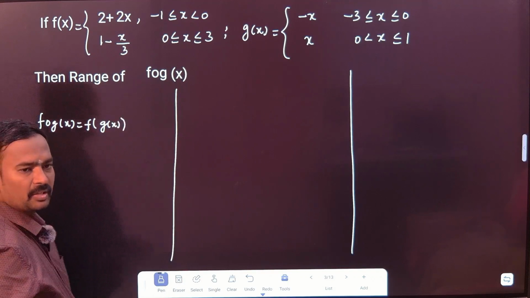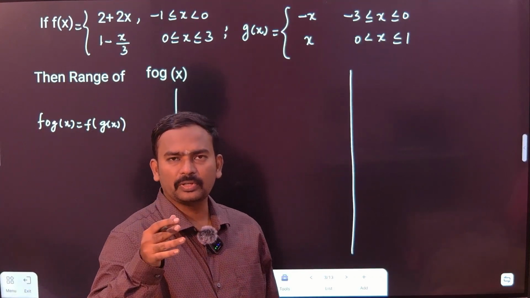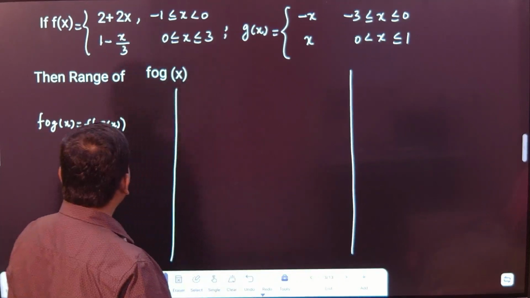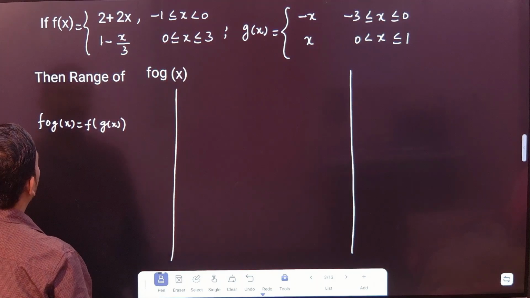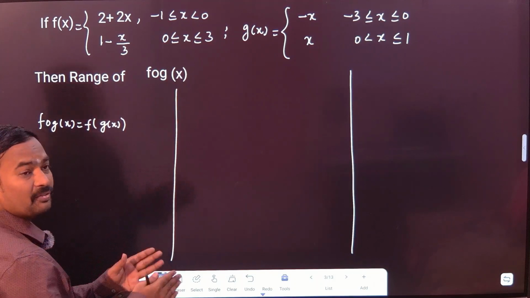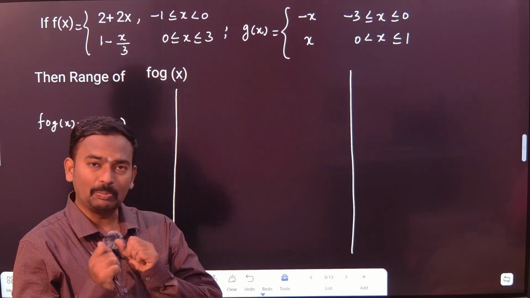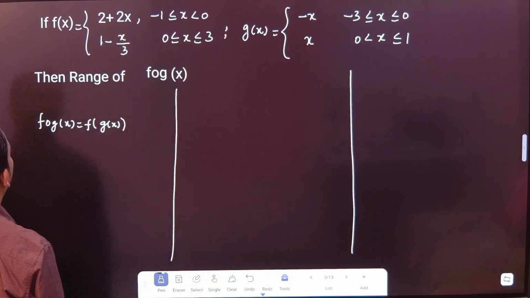That means you apply f on g of x. That means the input, what is the input here? g of x is the input for f, and x is the input for g. So when f composition g of x is defined, the range of g of x must be completely within the domain of f. Understood?